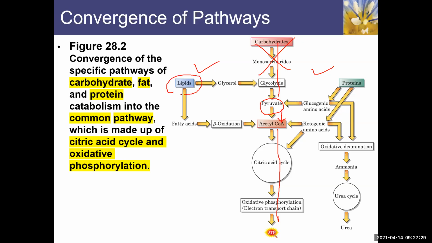We'll start with the lipids first and then move to the proteins. So yes, we can use lipids as the source of energy, wherein the lipids are converted into glycerol. Because we need to break down the lipids to fatty acids and glycerol, we cannot use triglycerides directly. So this glycerol can enter into glycolysis. We will see how the catabolism of glycerol will take place.